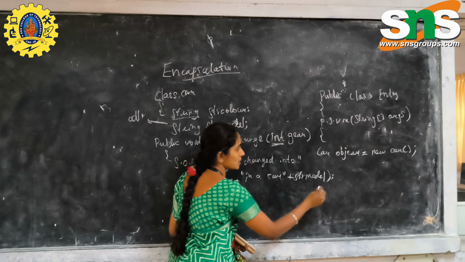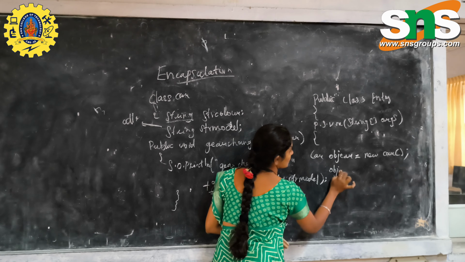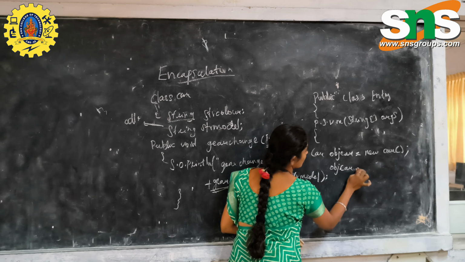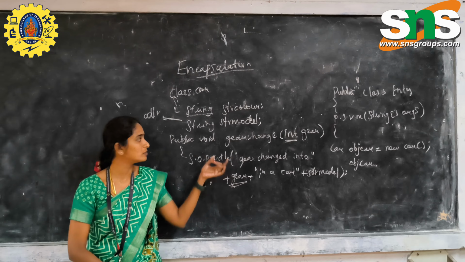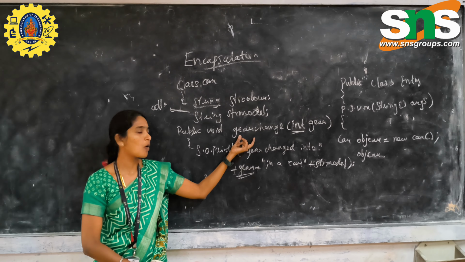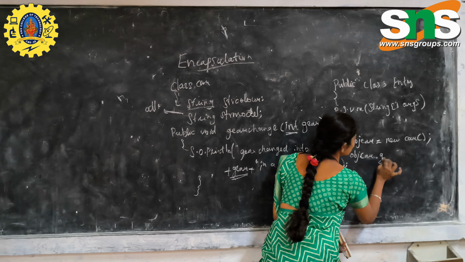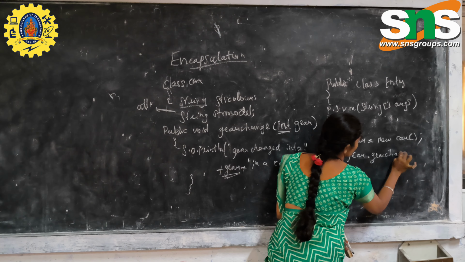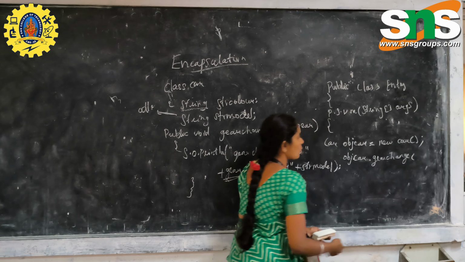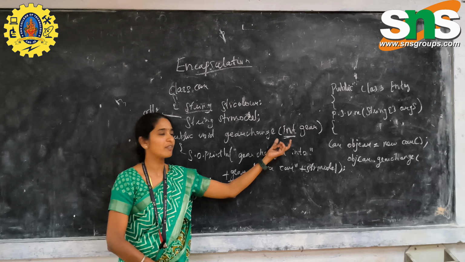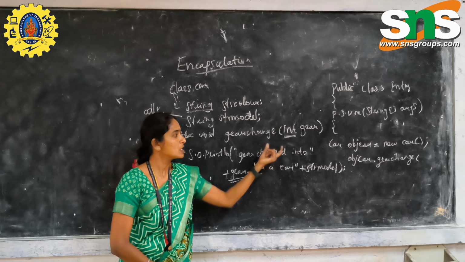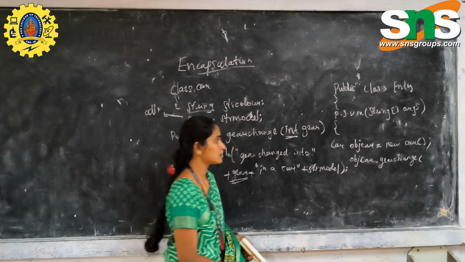In this, objCar dot, I need to call my method. Object car dot my method name gearChange. In this method I have to define my parameter int gear, and I give the value as 3.